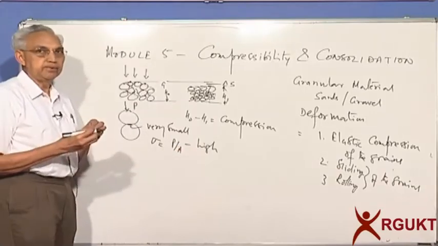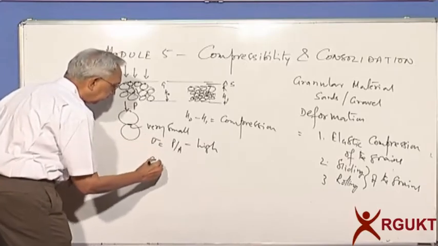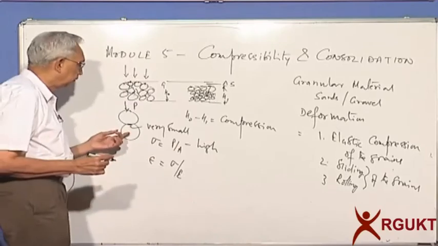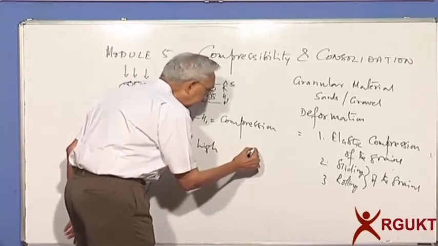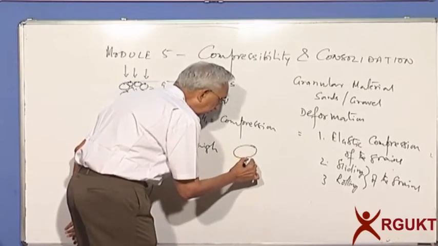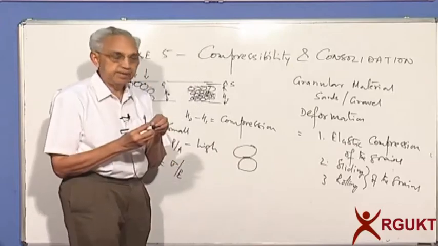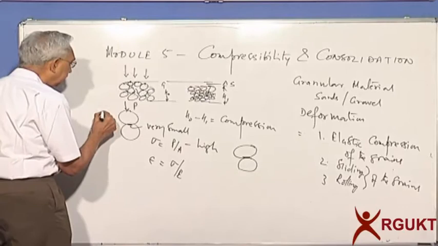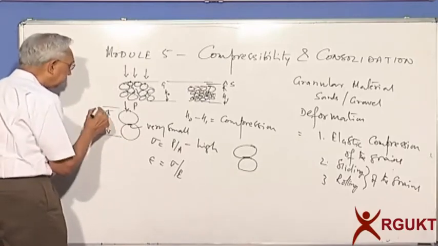You have a very high contact stress, and if you have high contact stress, the strain is equal to sigma by E. E is the modulus of elasticity of the material. So what will happen is these grains will flatten. You can see that the contact area may increase, and then you will have compression, and that is what could be the elastic compression. This distance will reduce, so you will have a slight reduction.